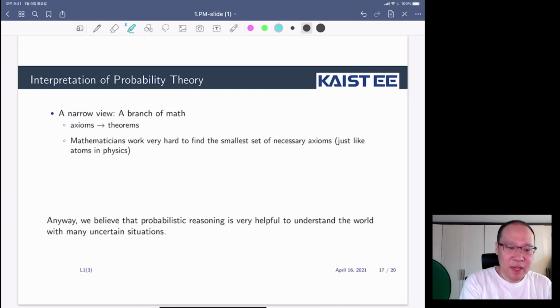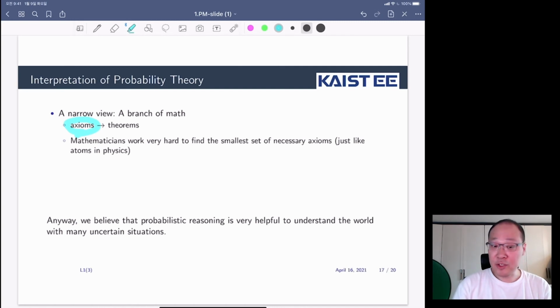We first start from the axioms, and then we build up a lot of theorems which tell us the nature of the structure of some area, here probability theory. That's why we set up 3 axioms, and all of the other things that we're going to talk about are theorems that can be proved using those axioms.